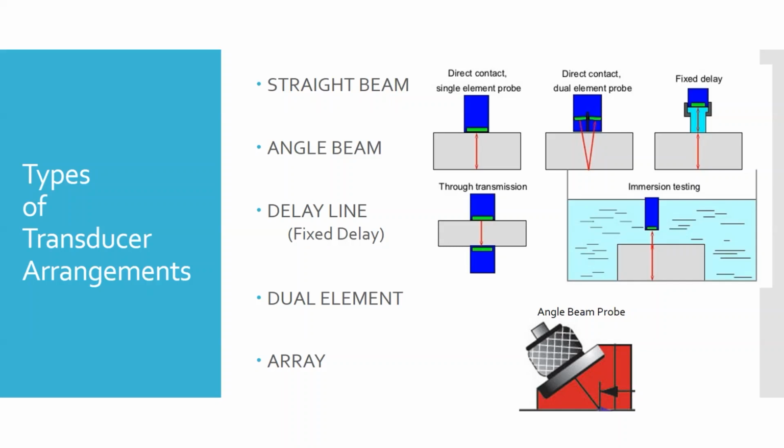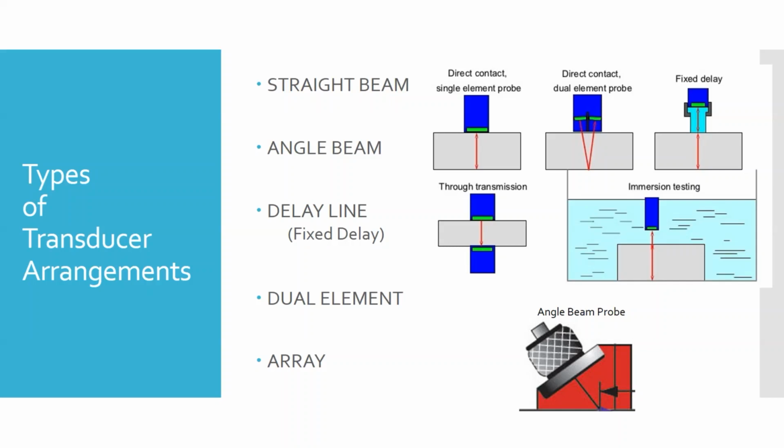There are some extra calibration steps because you have to take into account that you've got this second material right here. Through transmission, here's our transmitter on top and our receiver on bottom. And then a common setup used for high volume applications, like in manufacturing or an inspection lab where they do a lot of these inspections, is immersion testing.